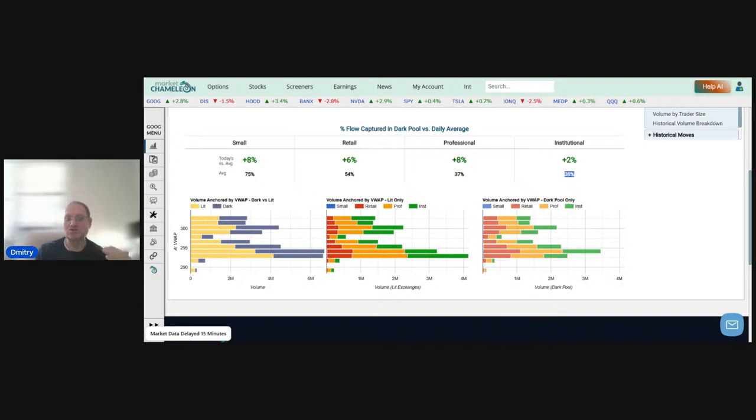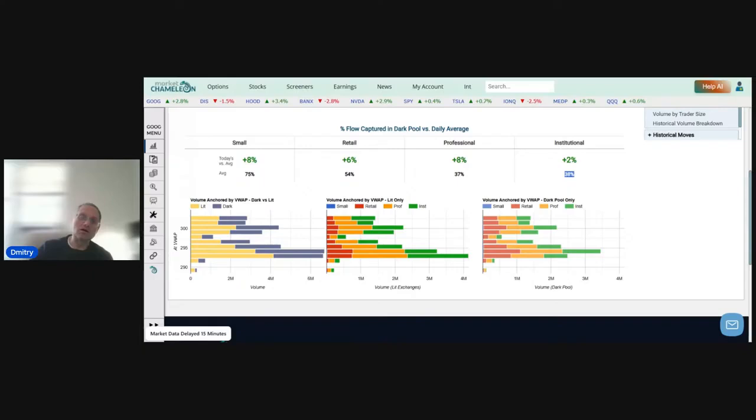So in the dark pool, you hit a limit order there that wasn't being executed proportionally with the rest of the volume. It could have been that someone decided, hey, I'll do a big portion right there, and it got executed.